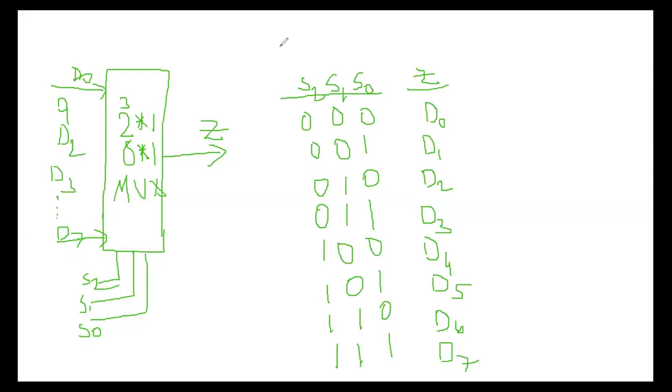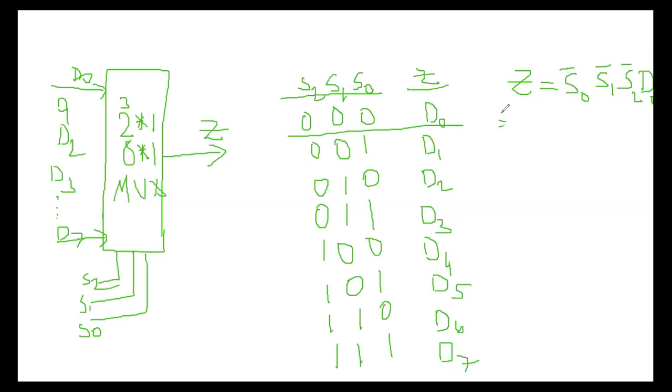Okay, my dear students. Now using this truth table, how do we write the Boolean function? Z is equal to, for the first row: S0 is 0, S1 is 0, S2 is 0, means S0 bar, S1 bar and S2 bar, because all are 0, and D0.